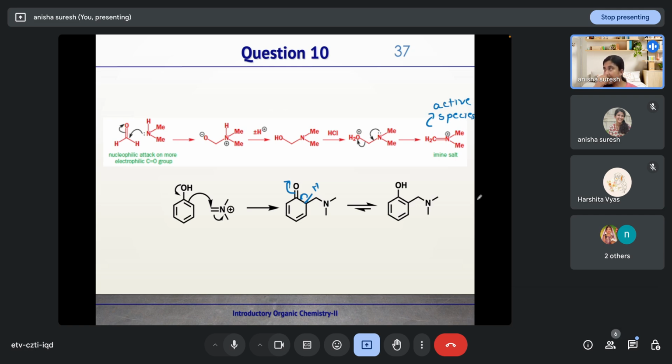But in majority of the cases, we have seen para will be the major product, ortho will be the minor product. I hope there is some sort of hydrogen bonding interaction between this nitrogen and this OH hydrogen. Maybe because of that, ortho will be the major product compared to that of para.